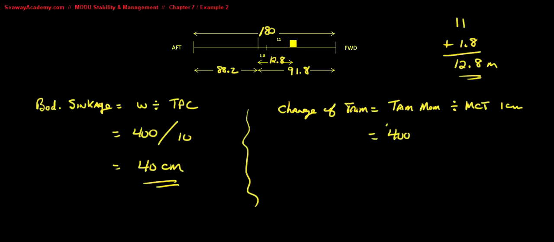So it's 400 times 12.8 meters divided by your moment to change your trim 1 centimeter, which is 140 tons per meter. So your change of trim is going to be 36.57 centimeters, and this is by the head.